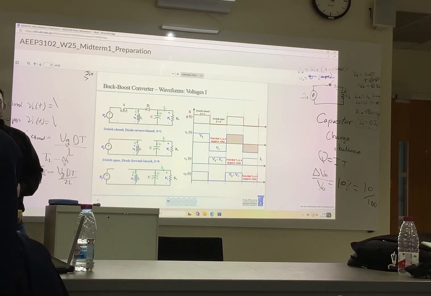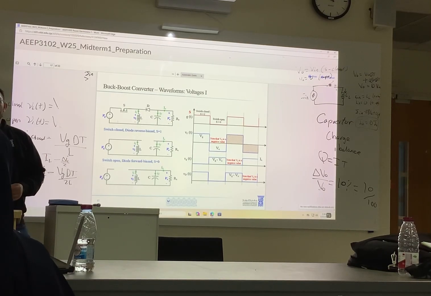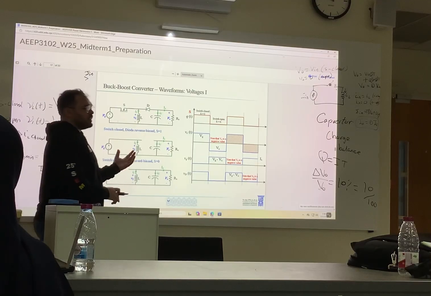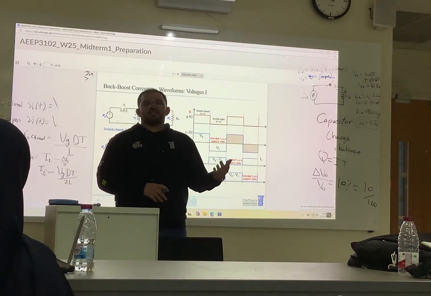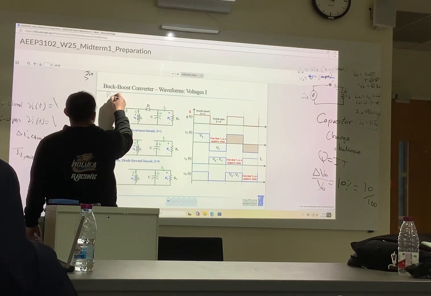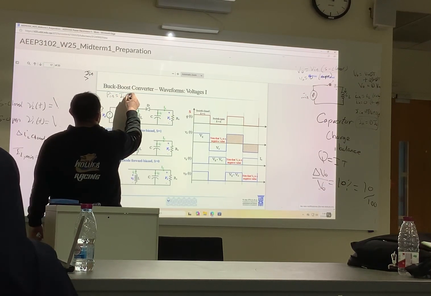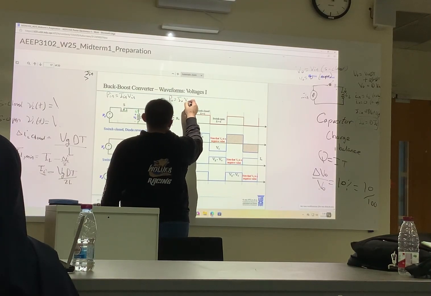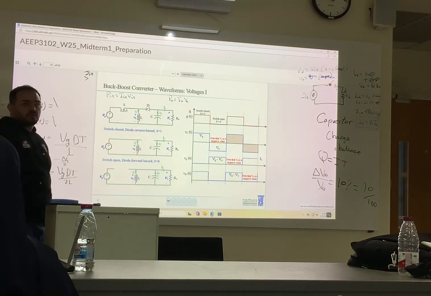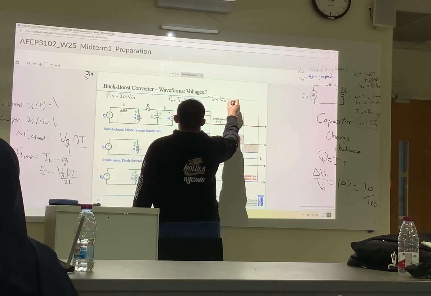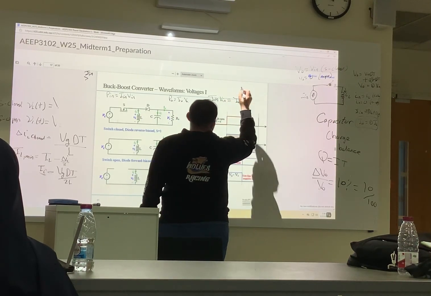There's nothing called a DC transformer, it's actually laughable if we say it that way. But you can think of it that Pin equals Pout in an ideal DC-DC converter. So Pin equals In Vin, Pout equals Iout Vout. If Pin equals Pout, then In Vin equals Iout Vout.